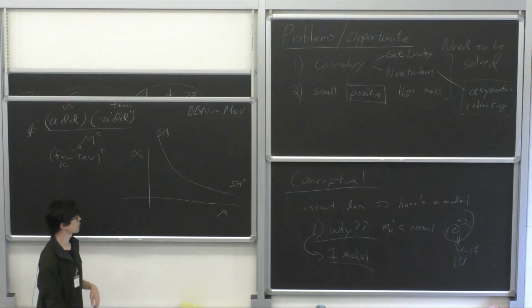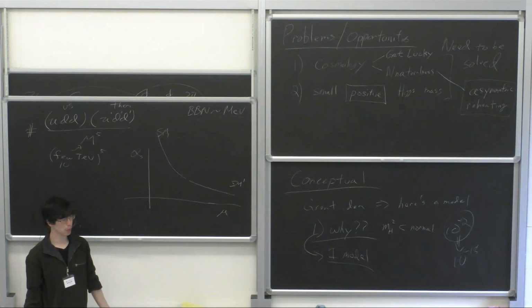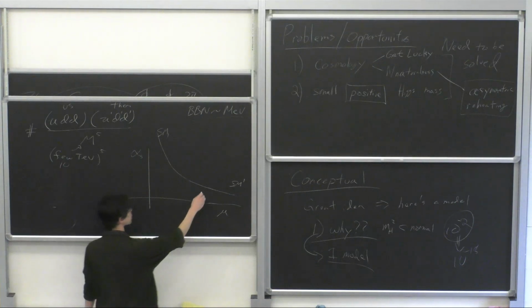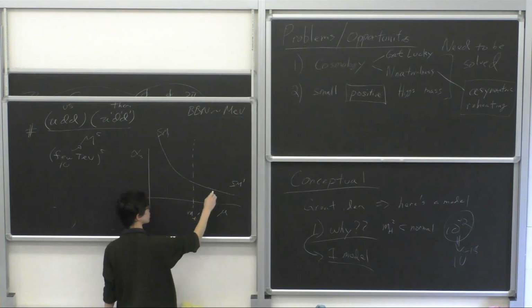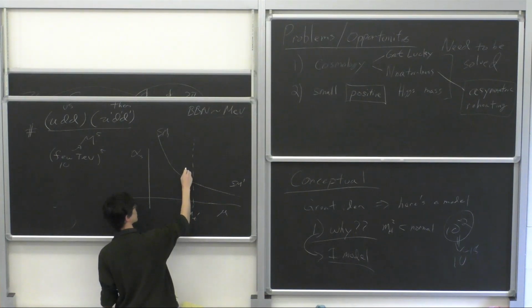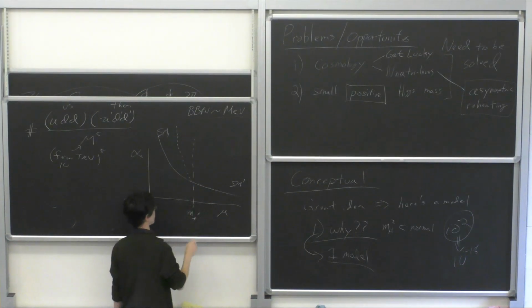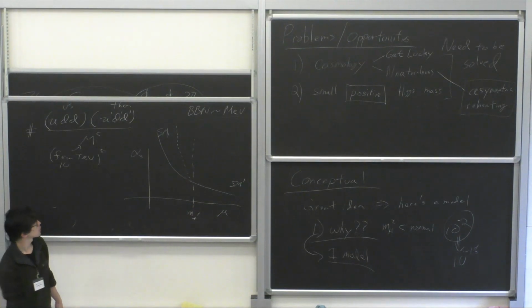But when things, let's say like the top quark, get integrated out, let's say here is M top prime, it gets a kick and goes up as you integrate all of its guys out.